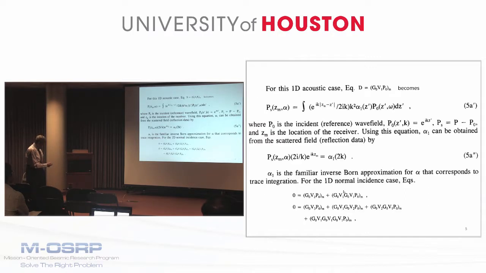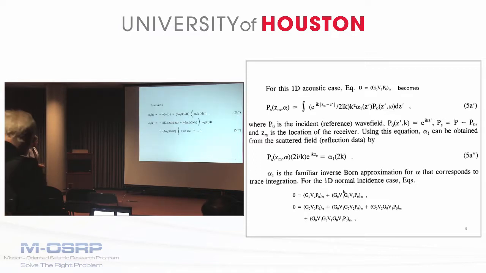And then you have these equations that we derived yesterday that show that's for the second and higher term. The first term is just G0 k squared alpha 1 P0, where P0 is the data, and that gives you a formula you could invert for alpha 1. You get this analytic form.